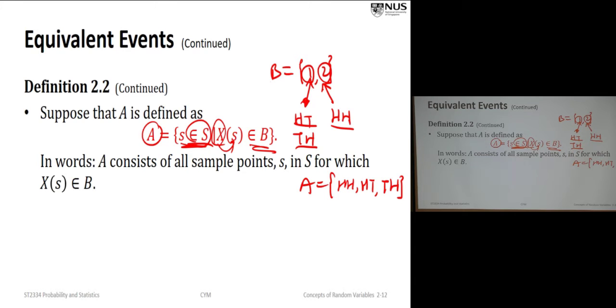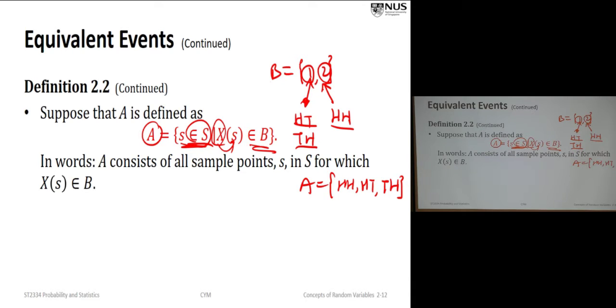So we have 2 events. One referring to the experiment, to the sample space. The other one is the values in the random variable. So I take a subset of it, B. What is the probability of this event B? I must look at each element, each value of this random variable, and get back to the sample space. What are the points that link to the elements in B?